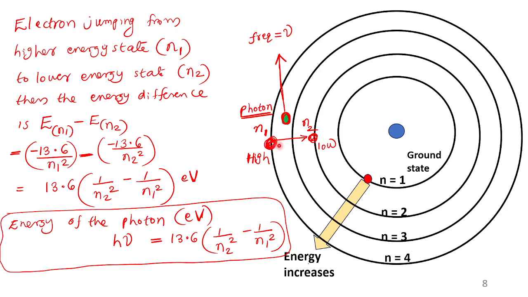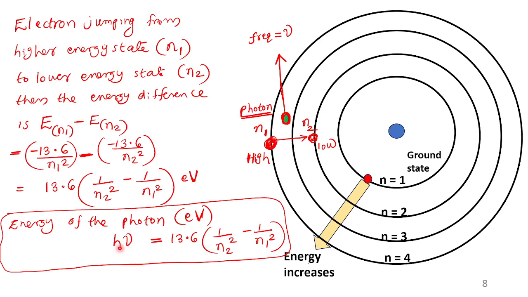Remember the fact: if the electron jumps from higher energy state to low energy state, a single photon or radiation will be emitted. The emitted photon will have a certain frequency mu.